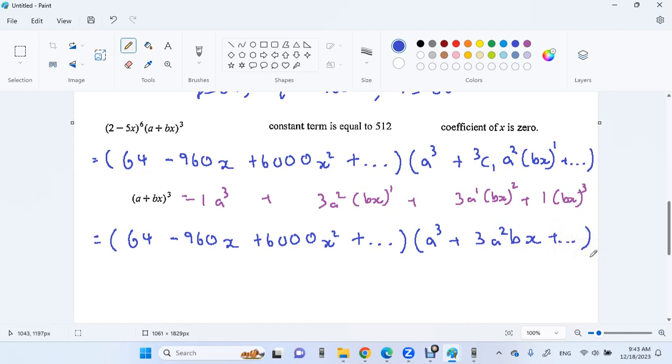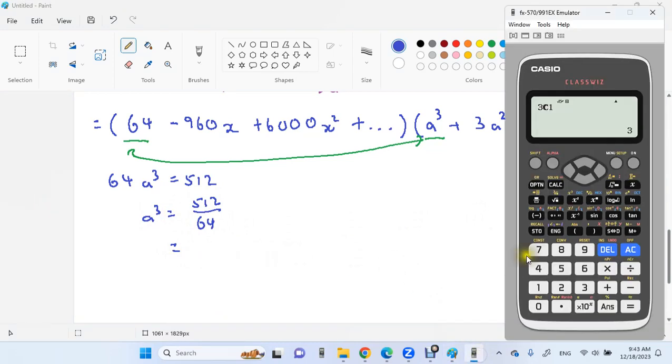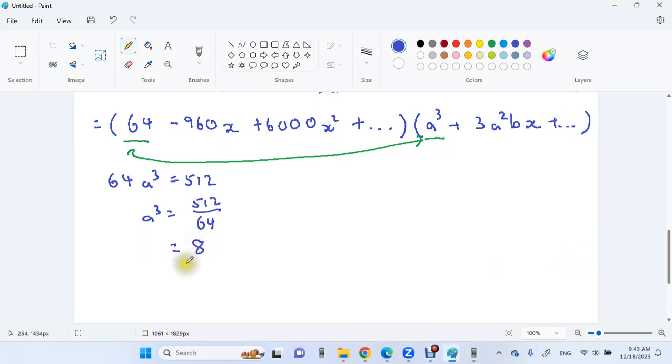We no need to write further because we know that 64 times a cubed is the constant term without x. So 64 a power 3 is 512. So a power 3 is 512 over 64. 512 divided by 64 is 8. So a is the cube root of 8, which is 2.